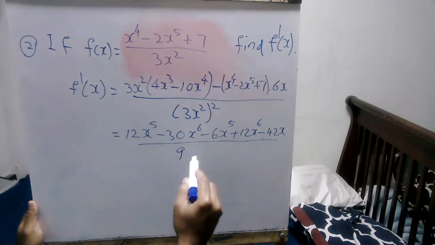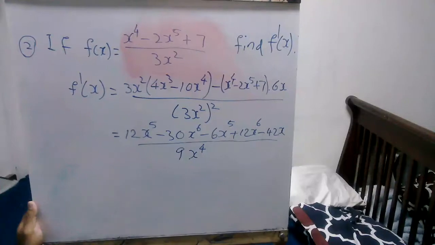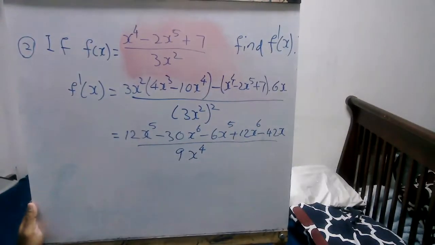X squared to the power 2 is x to the power 4. Right? Combine like terms.